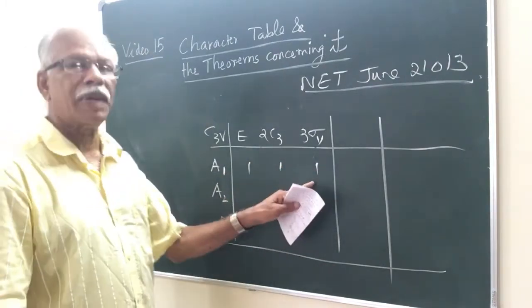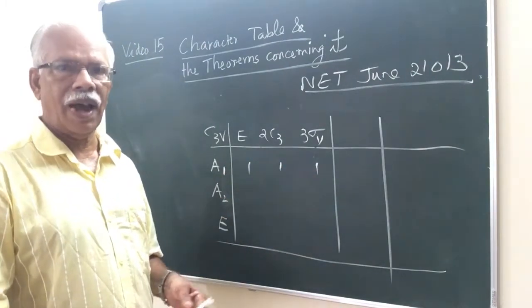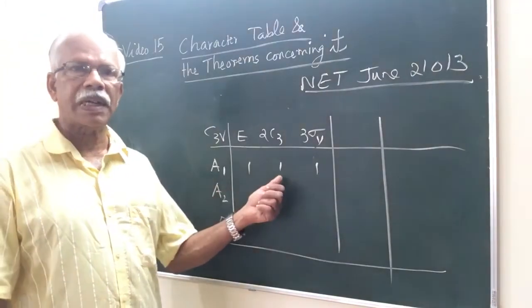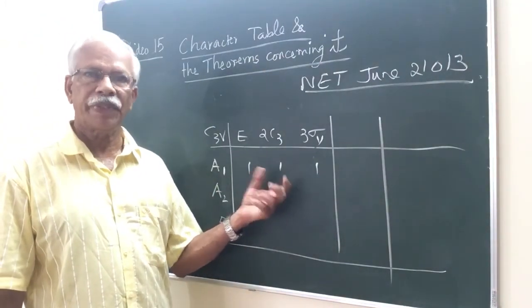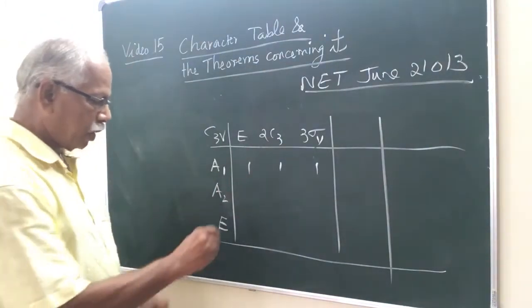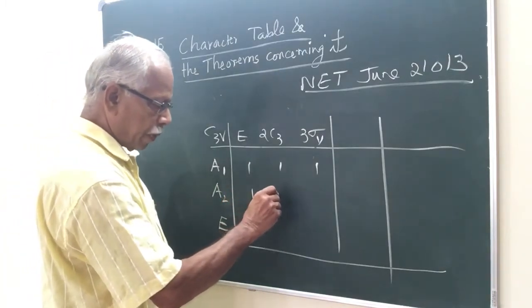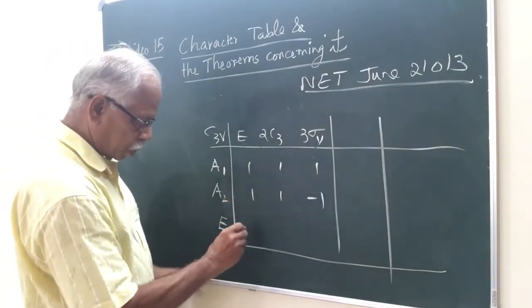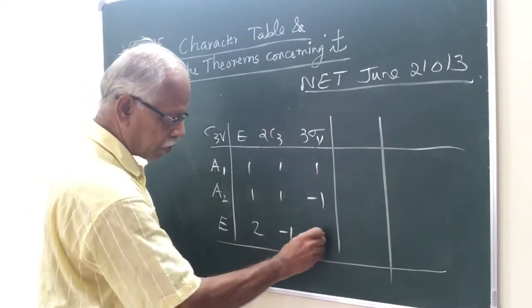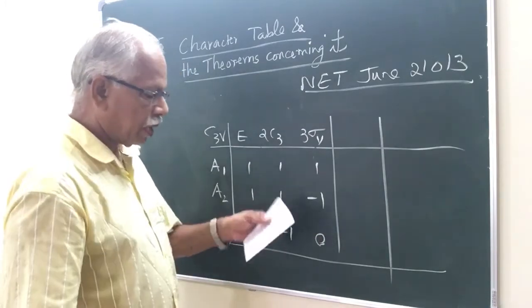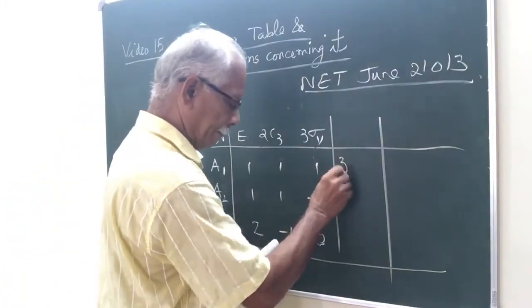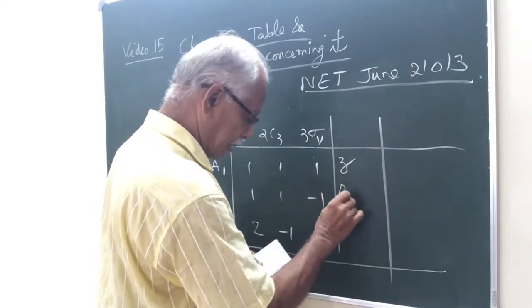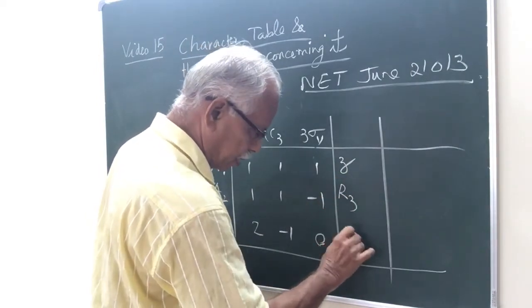It is totally symmetric. Any character table will have a totally symmetric irreducible representation in it. This is A2, it is 1, 1, minus 1. This is E: 2, minus 1, 0. And here you will write Z. This is Rz, x, y.